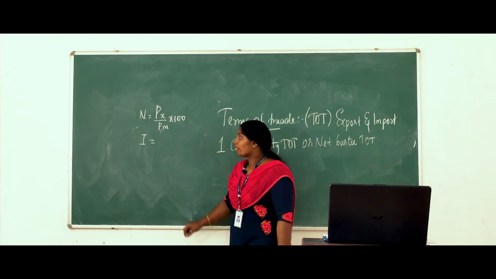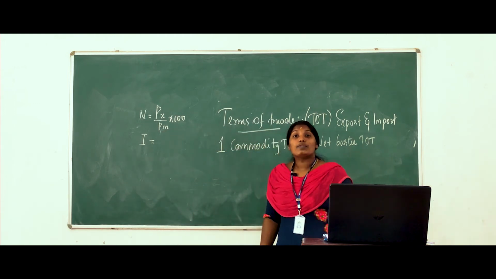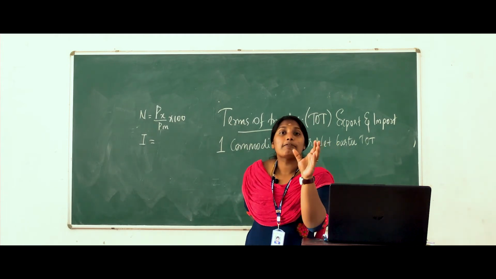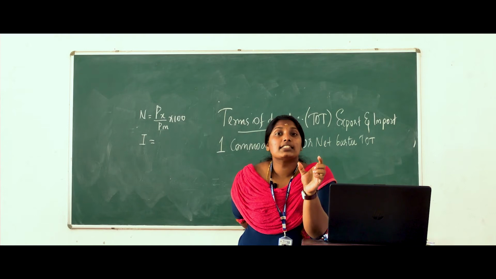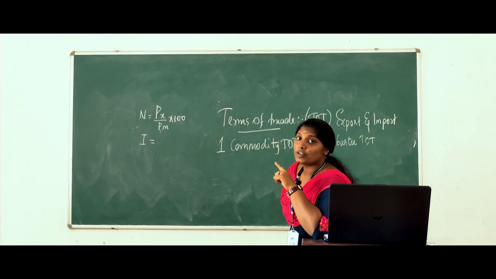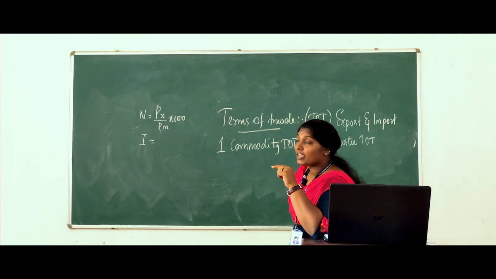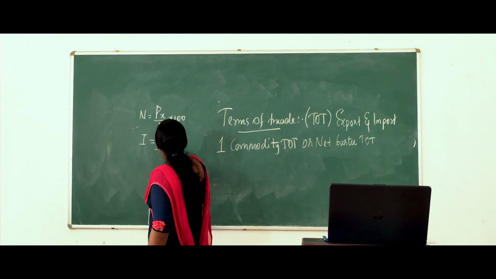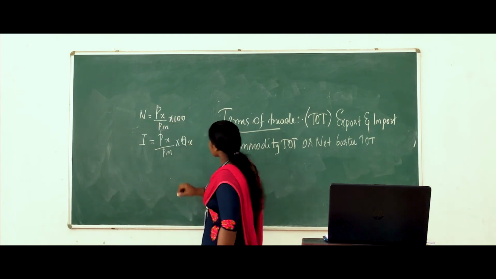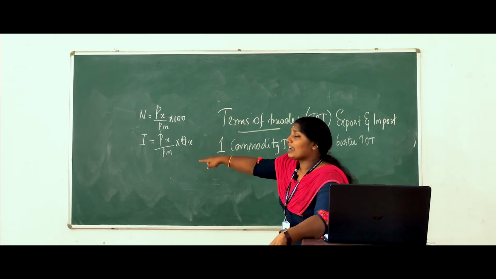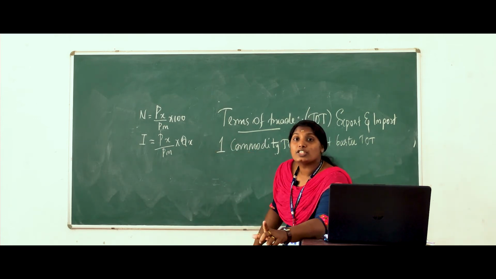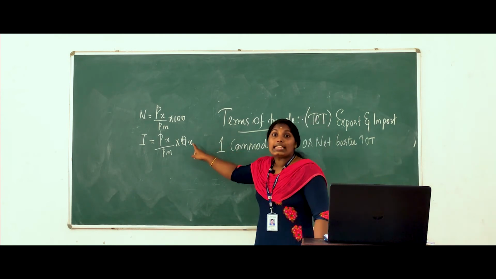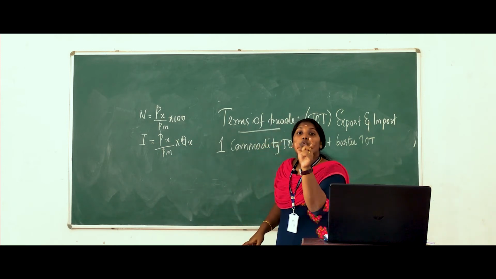The income terms of trade is defined as the export based capacity to import. So I is equal to Px by Pm into Qx, where Px by Pm is the net barter terms of trade, multiplied by Qx, where Qx is the export volume index.